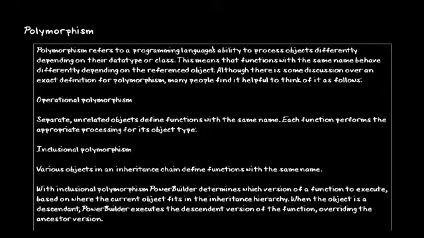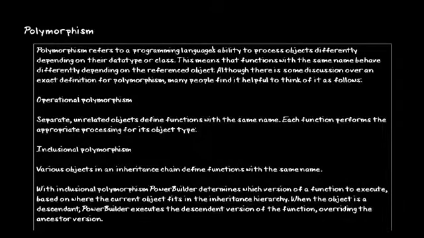And inclusional polymorphism, wherein you have objects inherited along the same class line, which all have a same method name, and the implementation depends upon at what level along the inheritance chain the object is when the method is called.